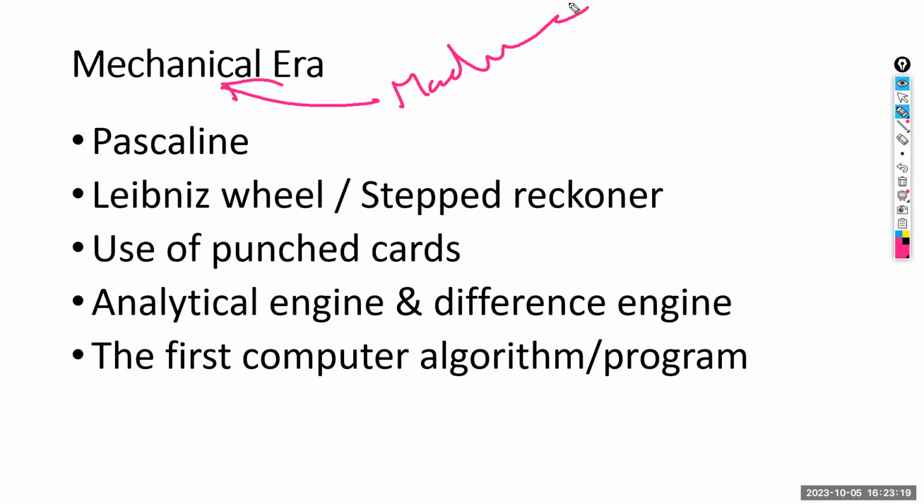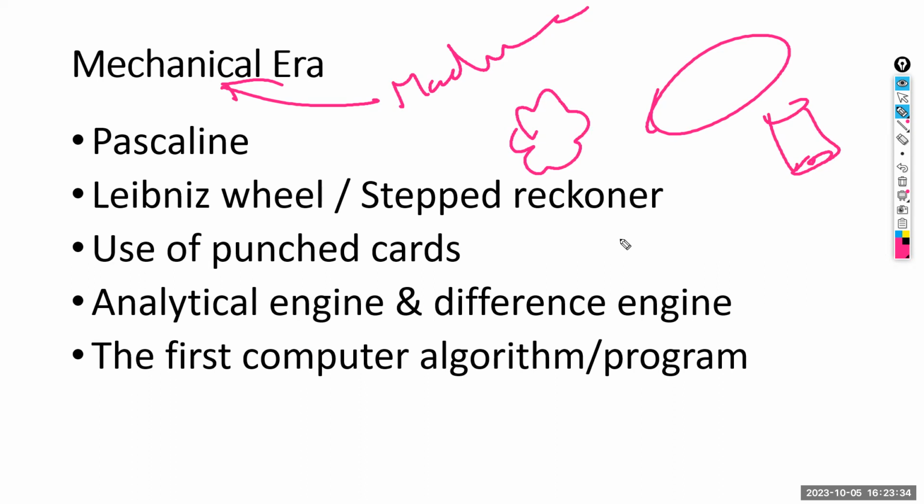We have machines for cutting grass. That means it uses some mechanical things: gear wheels, pistons, belts, shafts, and so on. Then we say it's a mechanical device. Some sort of mechanism is there.